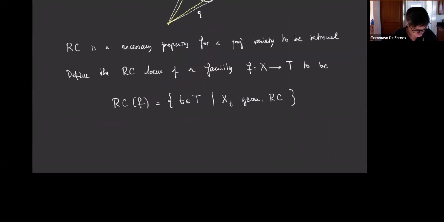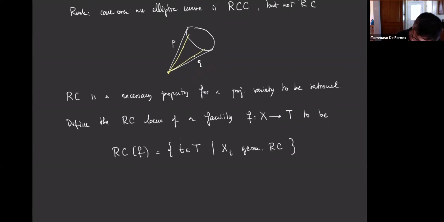So if a family is smooth in characteristic 0, then in fact we can prove that this set is open and closed. So it's either everything or nothing. If I have singularities, I need to be a little more careful, but then you can use the theorem induction to show that this set is constructible.